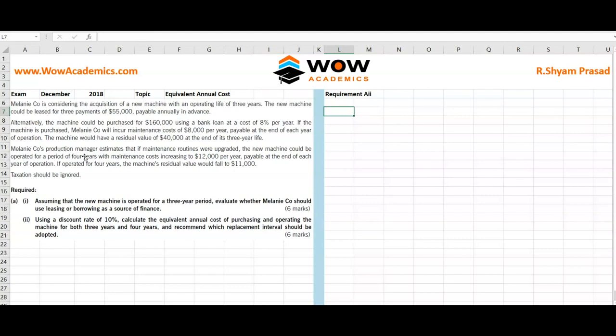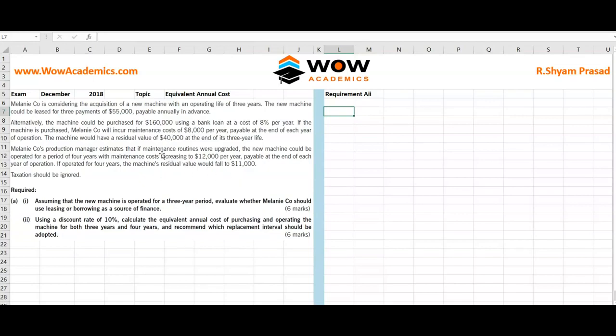Menarinco's production manager estimates that if maintenance cost routines were upgraded, the new machine could be operated for a period of 4 years with maintenance costs increasing to 12,000 per year payable at the end of each year of operation. If operated for 4 years, the machine's residual value would fall to 11,000.